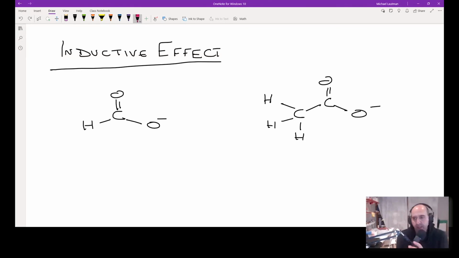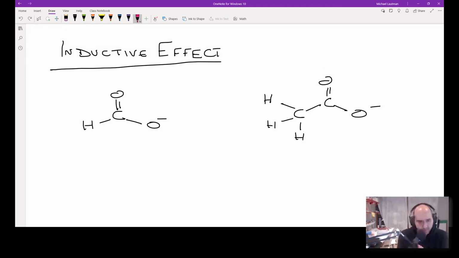When it came to things like the overall polarity of a molecule and intermolecular forces, we said that the carbon-hydrogen bond is nonpolar. And that's essentially true, but only sort of, right?